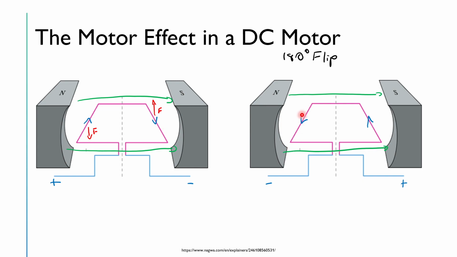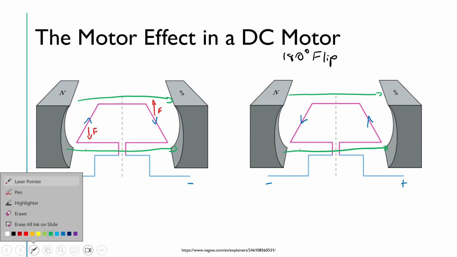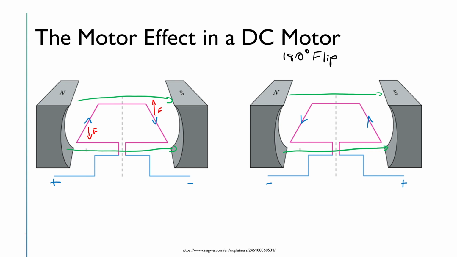Now, this scenario is not actually particularly productive for a motor, as if we were to apply the right-hand rules, we will see that the forces essentially have flipped on both sides. On the left, we now have a force which is going upwards on that left wire, and the right wire will be experiencing a force which is pointing down.